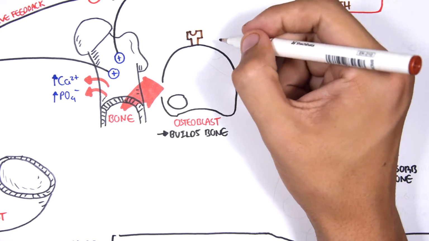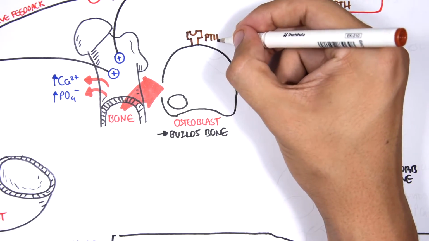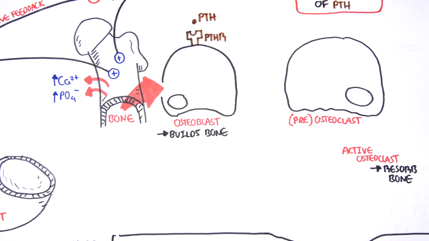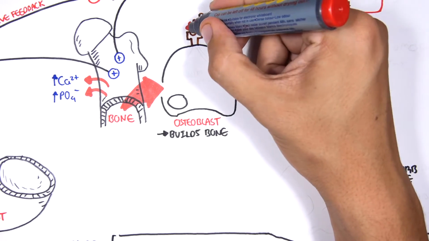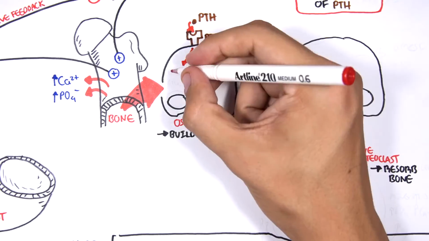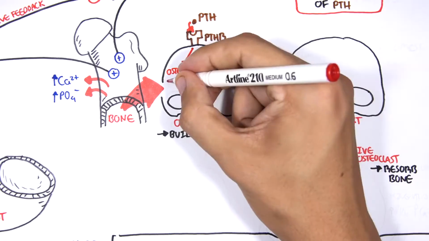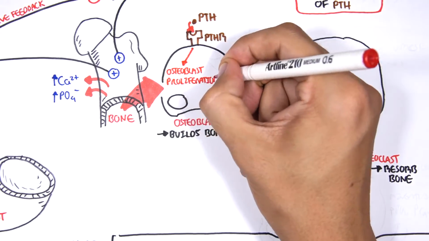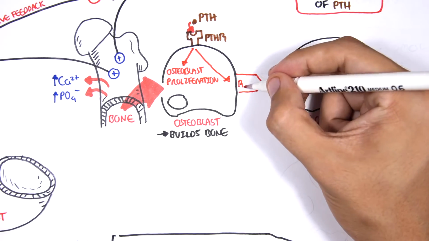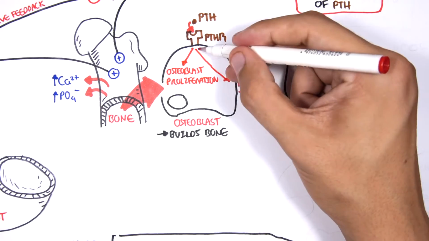So on osteoblasts, we have a receptor, the parathyroid hormone receptor. When parathyroid hormone comes along, it will bind onto this receptor, and it will have 3 effects on the osteoblast. Firstly, it will cause osteoblasts to proliferate. Second, it will stimulate the expression of RANK ligand on the osteoblast.